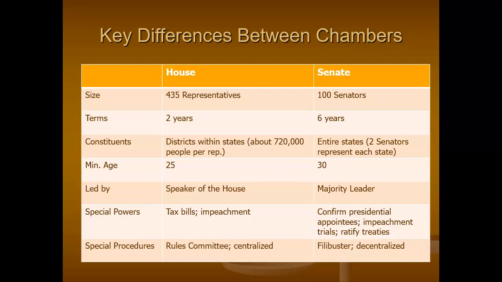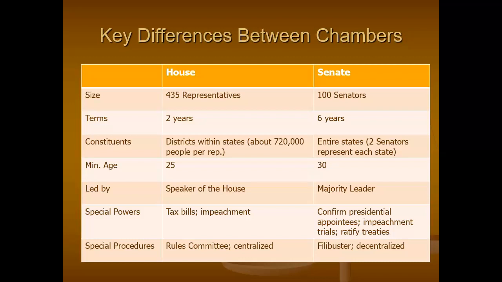Another difference is in terms of leadership, who leads each chamber. In the House of Representatives, the top post is the Speaker of the House. This is a really important leadership position in Congress. Behind the President of the United States, the Speaker of the House is actually the second most powerful official in American government.